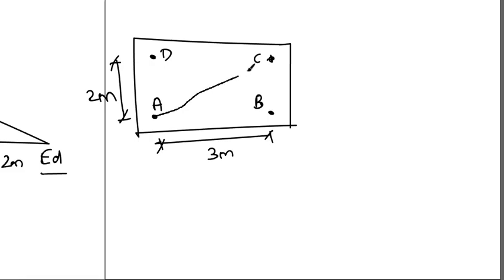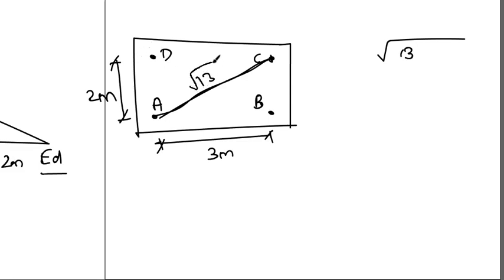So this distance, let's consider for now. What will this be? 3, 2. So AC will be root of 3 square plus 2 square, that is 9 plus 4, root of 13. So AC will be square root of 13.